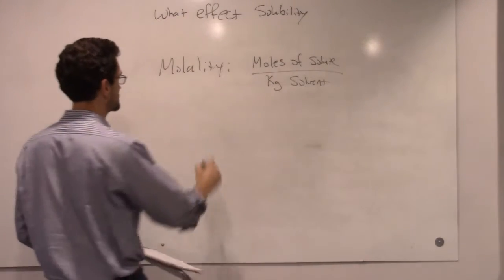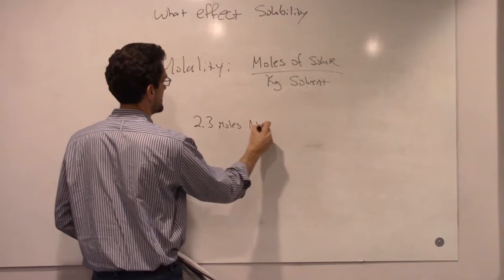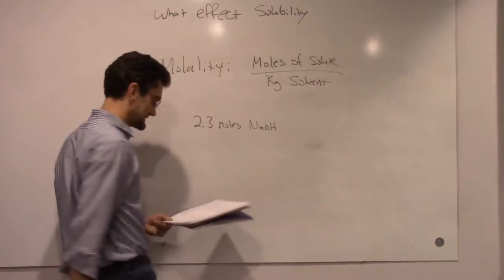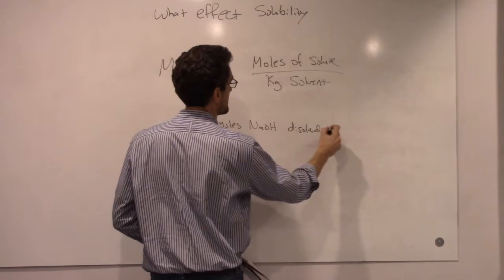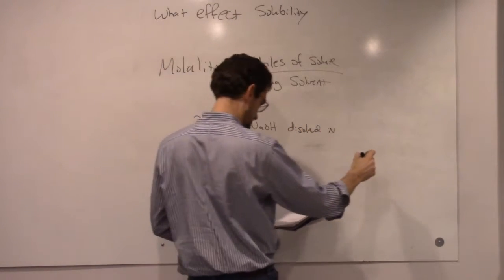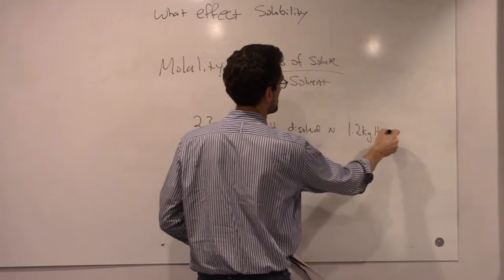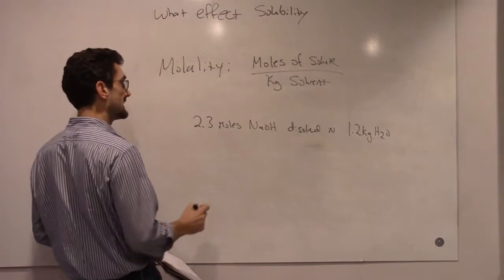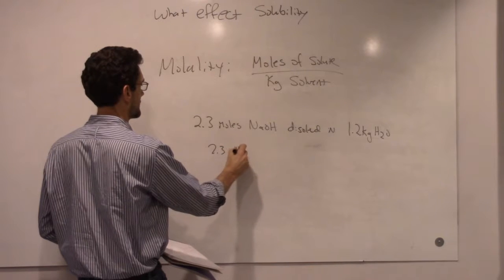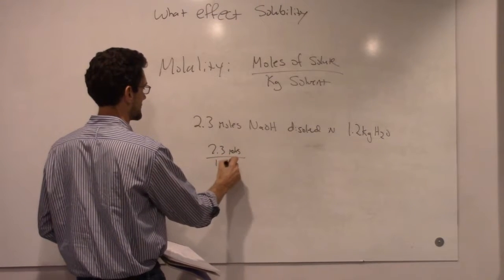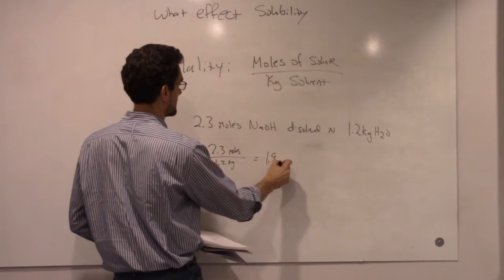All right, so if I have 2.3 moles of NaCl and I dissolve that in 1.2 kilograms of H2O, what is the molality of that solution? Well, you're going to take 2.3 moles divided by 1.2 kilograms, and it's going to equal 1.9 molality.